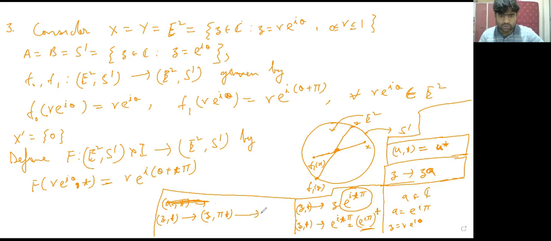And then this goes to Z exponential I pi t. Because the map which takes this to this is continuous, and the map which takes this to this is continuous, the composition is continuous, and hence this is a continuous function. That is, it is a map from here to here.